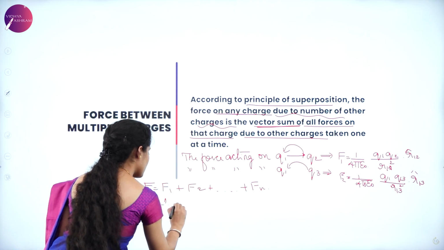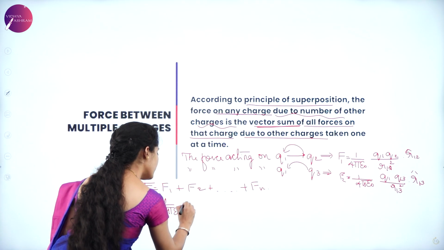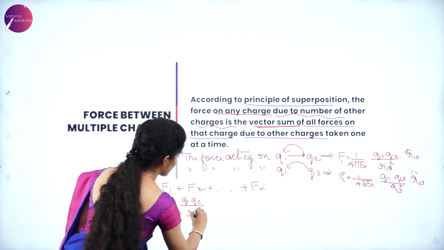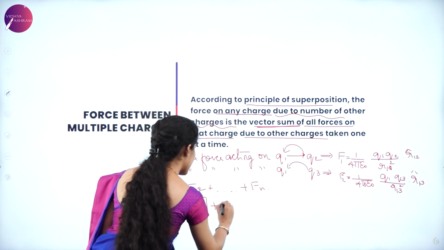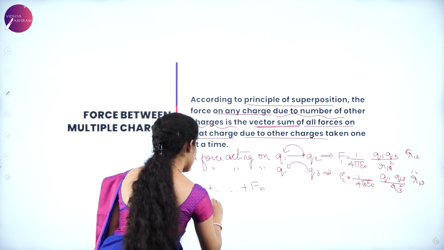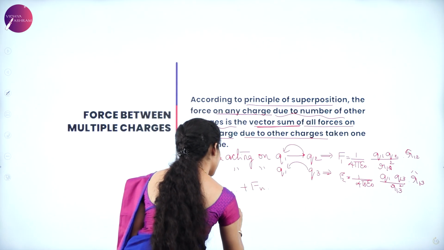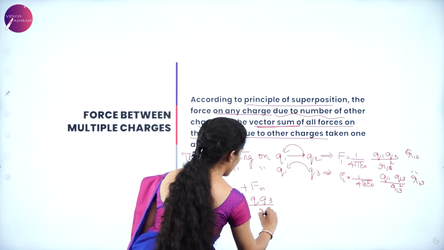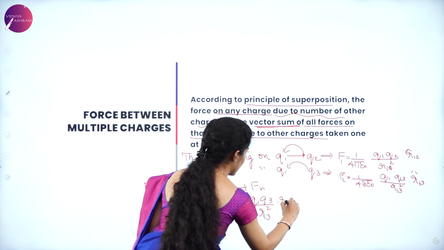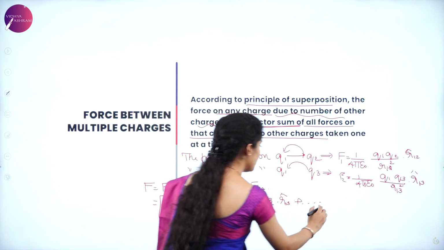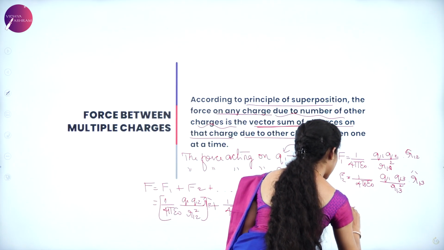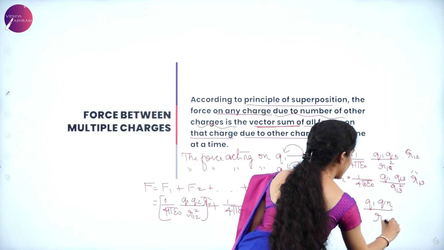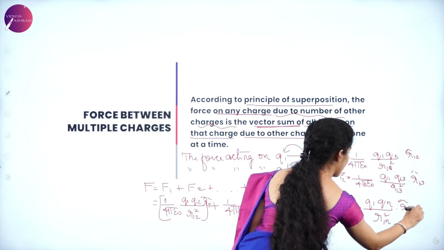So it can be given as 1 by 4 pi epsilon naught Q1 Q2 by R12 square R12 cap for the first force. Second force, 1 by 4 pi epsilon naught Q1 Q3 by R13 square R13 cap, goes up till 1 by 4 pi epsilon naught Q1 Qn divided by R1n square R1n cap.